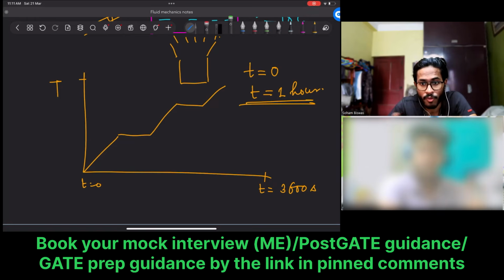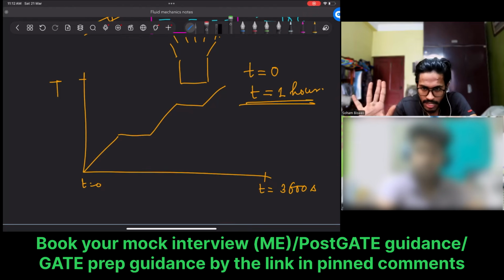As we are giving the same heat rate, and the mass and specific heat are constant, so that's why the slope will be straight. I have only provided you the data that the heat rate is constant.